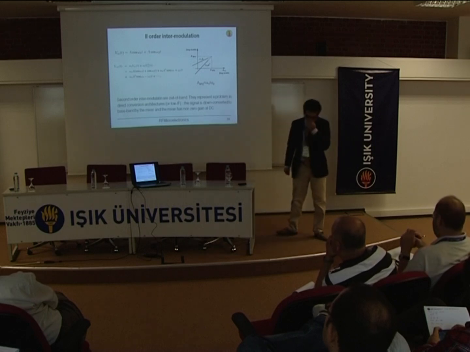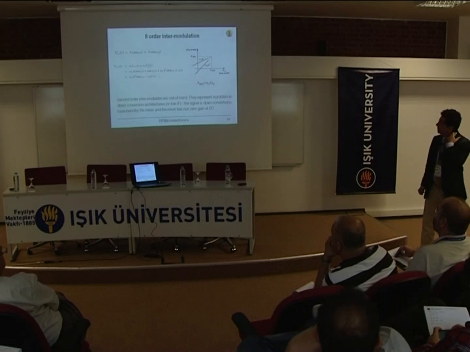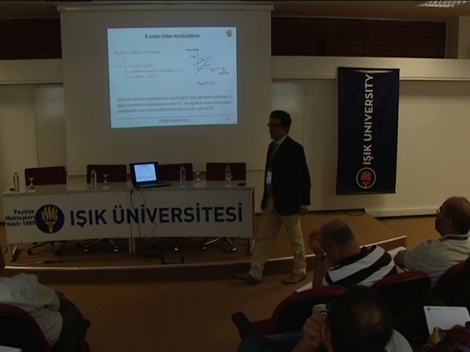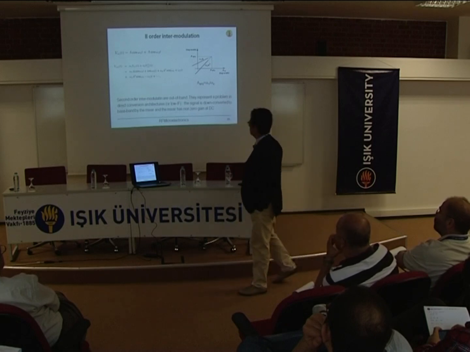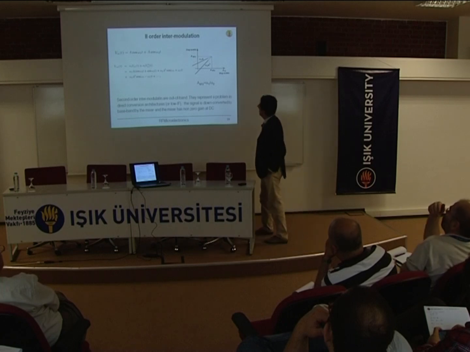Okay, much in the same way, we can characterize the second order intermodulation of a circuit. I wouldn't spend much time because once that principle is understood, then it is also second order intermodulation.